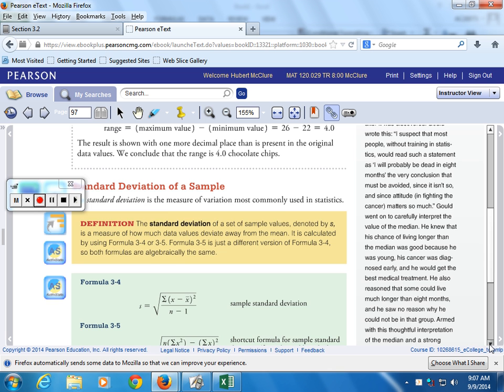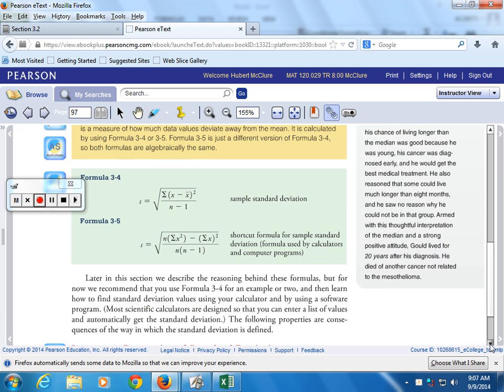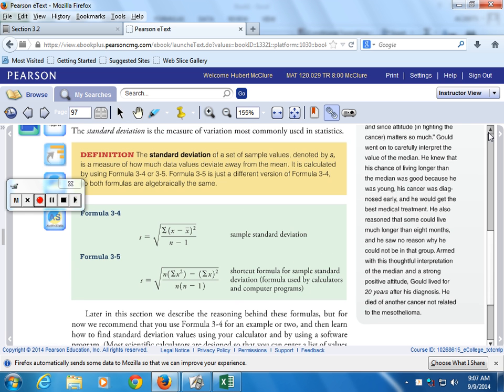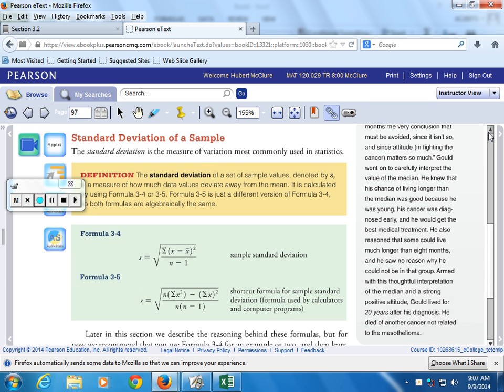There we go. That's the frequency distribution. I use this one.